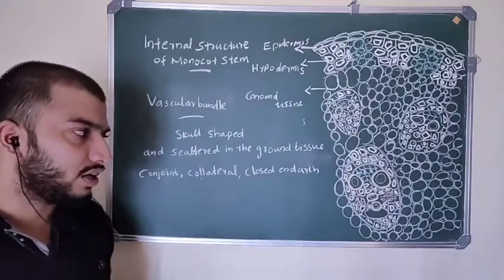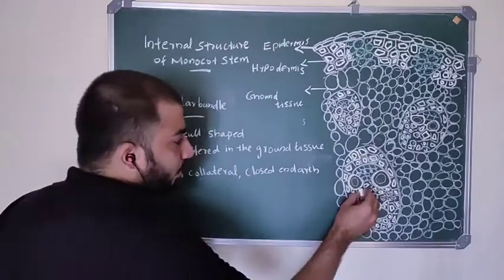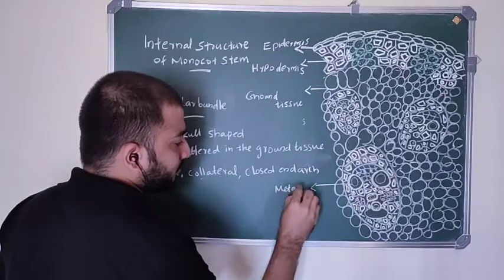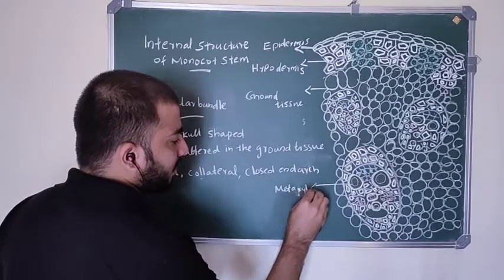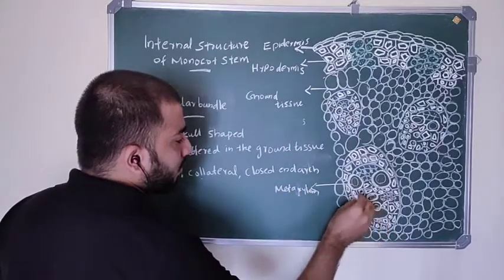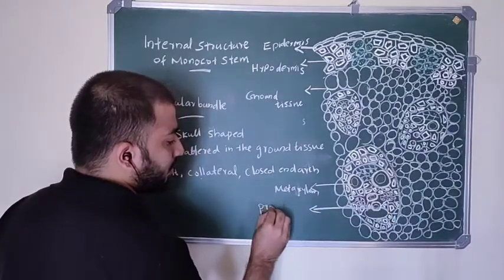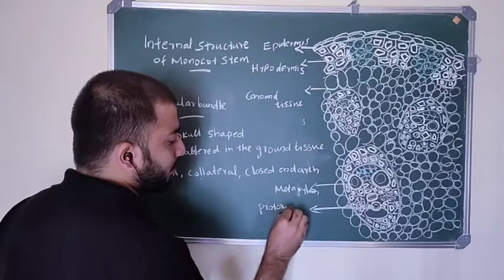Then endarch. What is endarch? Look here, this is our metaxylem. Metaxylem means new xylem, and this is protoxylem. Protoxylem is old xylem.